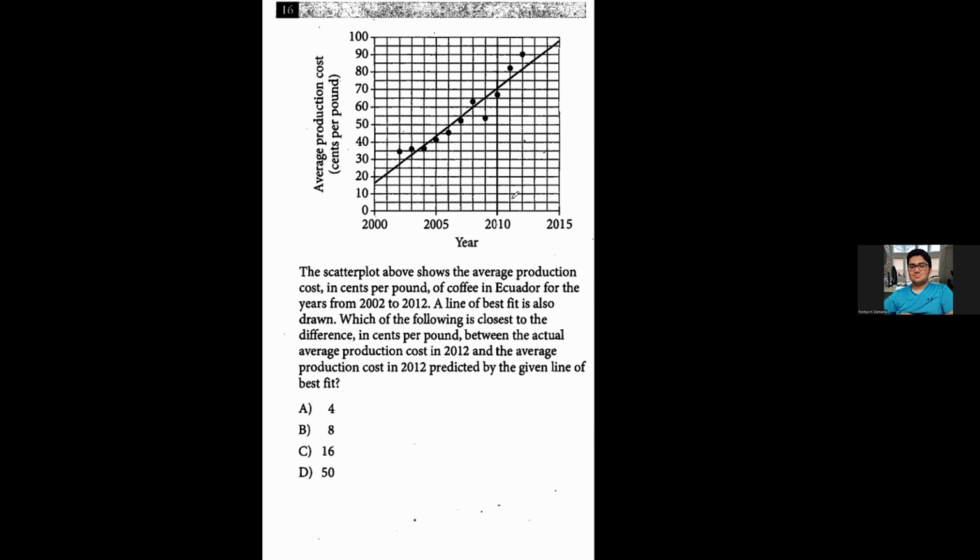So 2010, 2011, 2012 would be this one. So we just have to find out the difference here. This dot is at 90, and this line of best fit is just slightly above 80. So the difference is approximately 9 or 8, something like that. So the correct answer in this case is B.